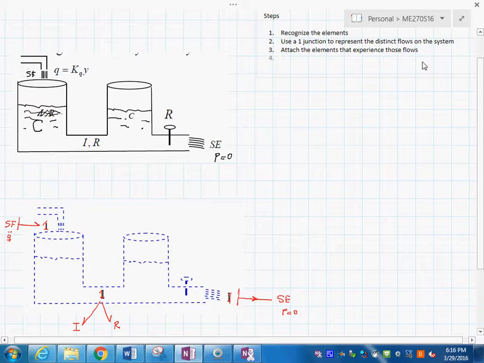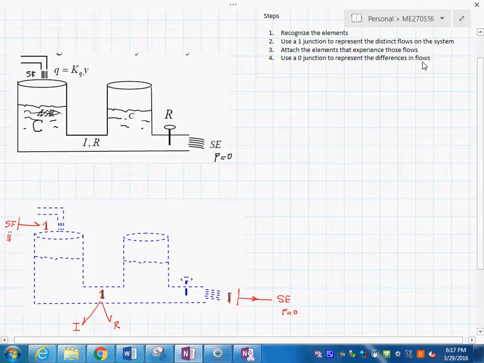Some elements are going to see the difference, so we have to create those differences. So it's very obvious that on the tank, the flow that goes in here minus the flow that goes out here is what goes inside the tank.